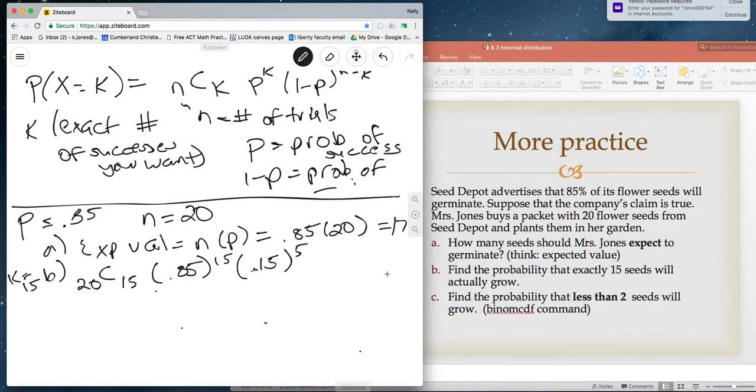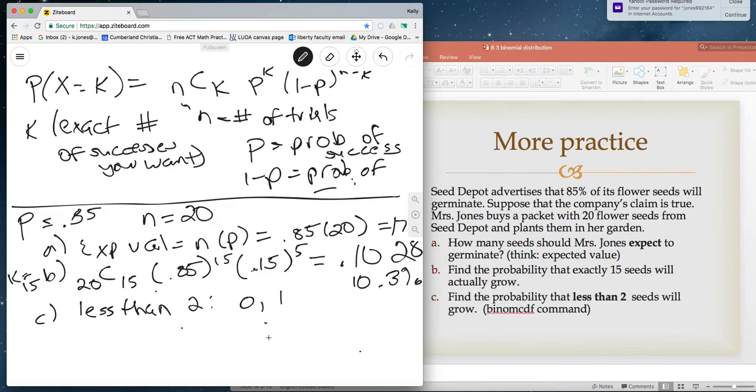Okay, so after I did all that mess, I get 0.1028. So basically 10.3% chance that 15 of them will. Once again, 15 is pretty close to my expected value, and 10% is not bad. And then C says find the probability that less than 2 will grow. Well, less than 2 means 0 or 1.